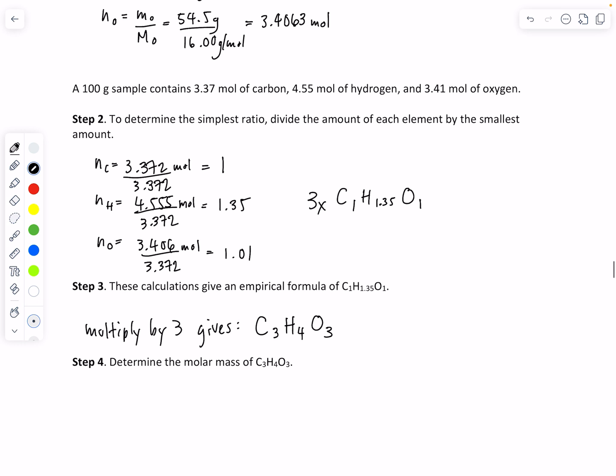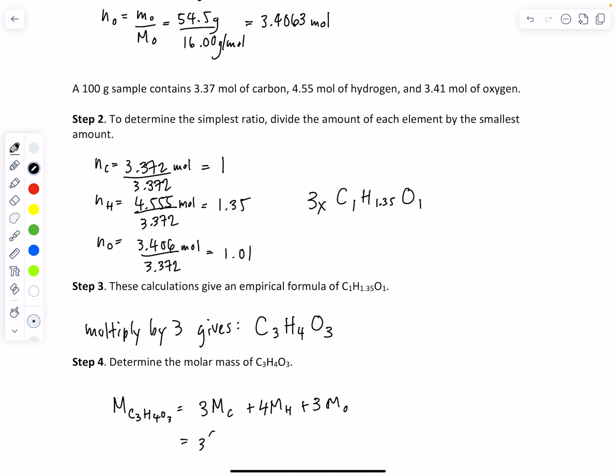So the empirical formula is C3H4O3. And if we want to go from the empirical formula to the molecular formula, we're going to need to first determine the molecular mass of the empirical formula. The molecular mass of C3H4O3 is 3 times the molar mass of carbon, plus 4 times the molar mass of hydrogen, plus 3 times the molar mass of oxygen.